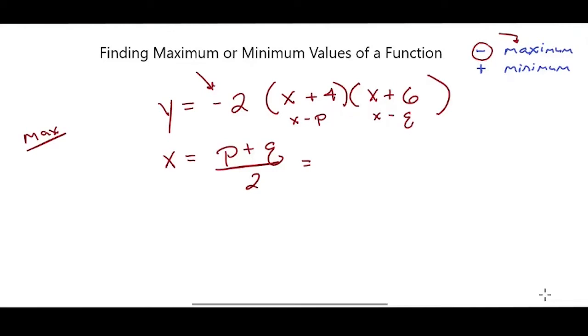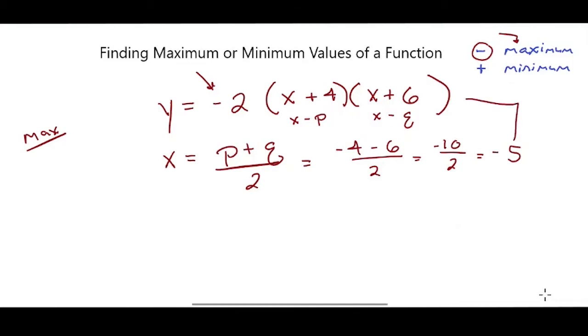That means that p is actually -4 and q is actually -6. So I will do -4 minus 6 divided by 2. -4 minus 6 is -10, divided by 2 is -5. So the x coordinate of my vertex is -5.